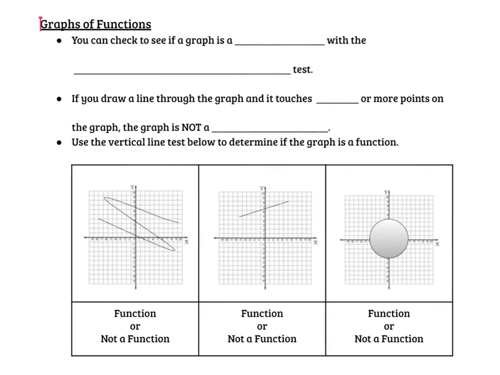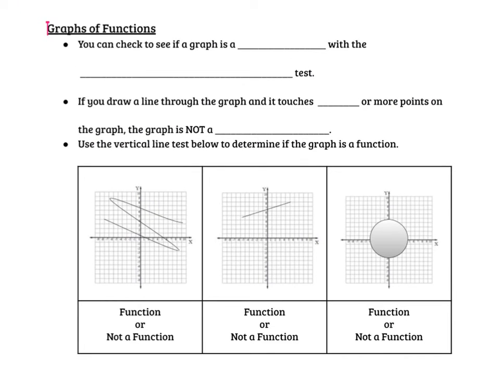Okay, you can also check to see if a graph is a function with what I'd mentioned before, the vertical line test. I think you're going to like this. I like this test.